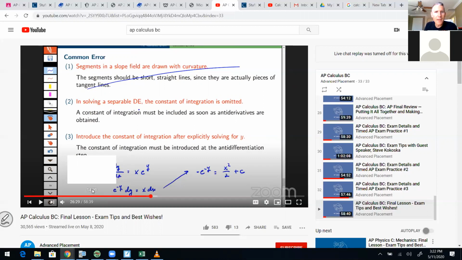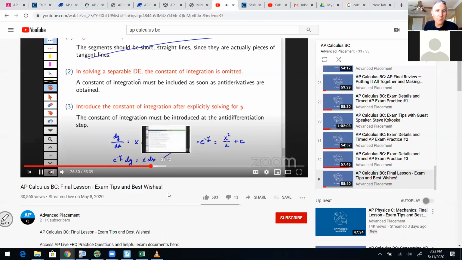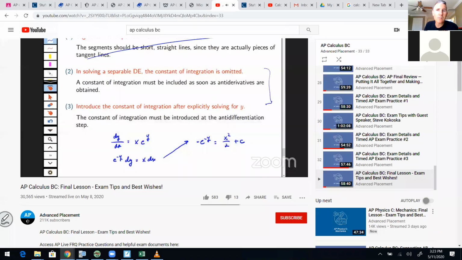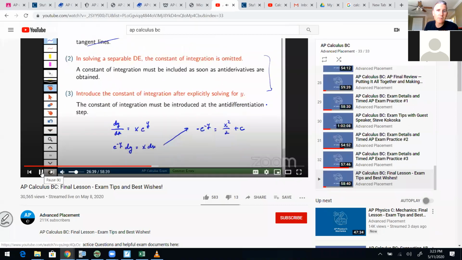And then he says they may be asked to solve a separable differential equation, and these two common errors sort of go together, and I'm going to talk about them in the context of a real-world problem. So he goes through and says, once you get all your x's and dx's on one side, and y's and dy's on the other side, integrate both sides.